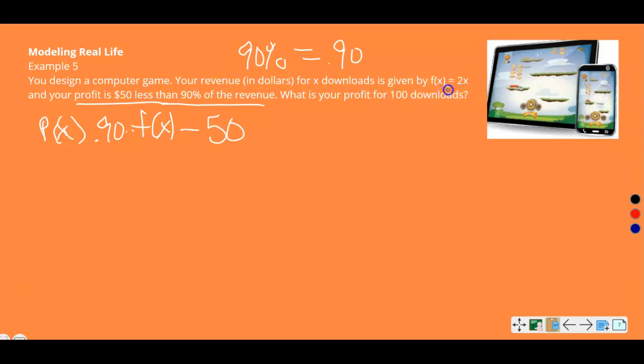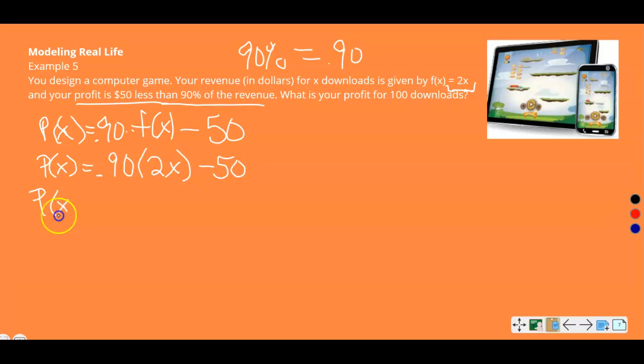And we already know that the revenue in dollars for x is given by this function right here. So now what we can do is take the 2x, just like we've done in the previous functions, and plug it in. So p of x, I forgot my equal sign there. All right, p of x equals 90% times 2x, and then minus 50.